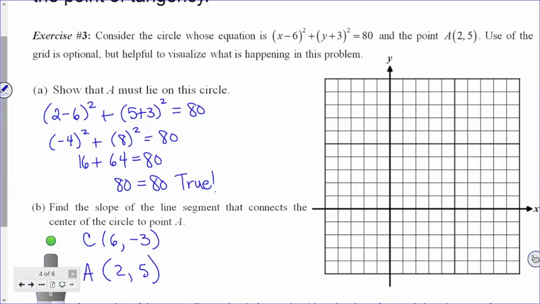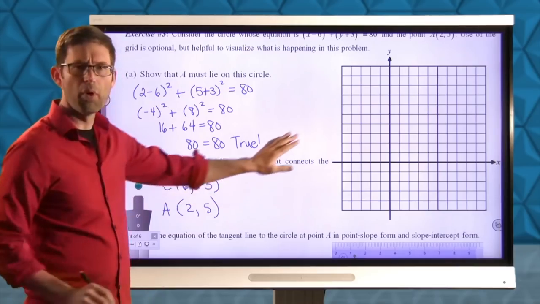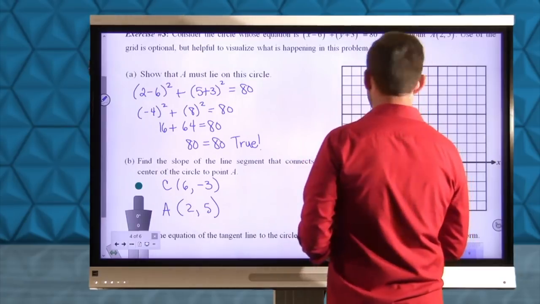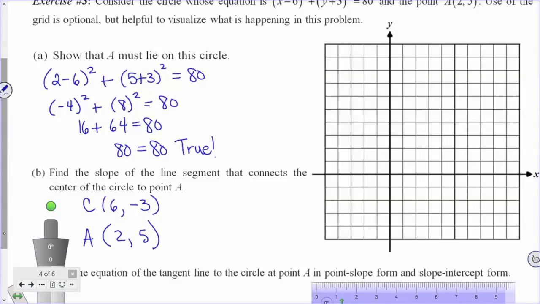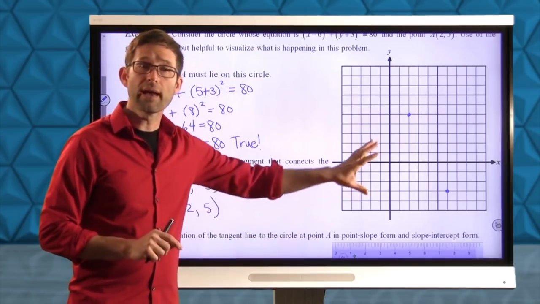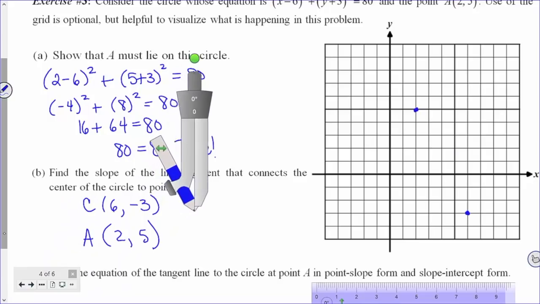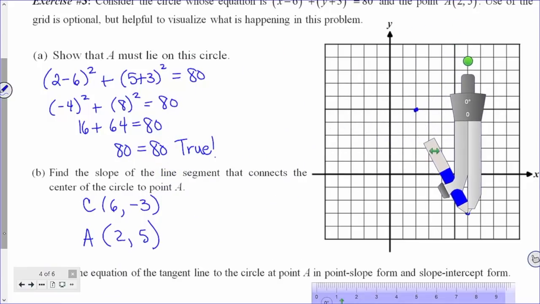All right? In fact, let's throw both of those points up on this graph really quick. The center of my circle is at (6, -3). And A is at (2, 5). Now, probably even easier than me, you can actually draw a portion of this circle. I'm going to do it right now, really fast. I would encourage you to do this as well.